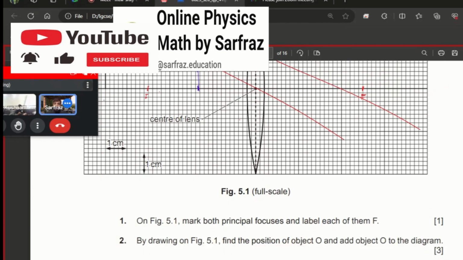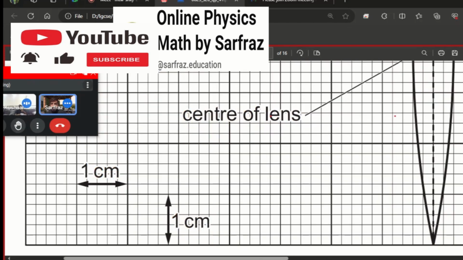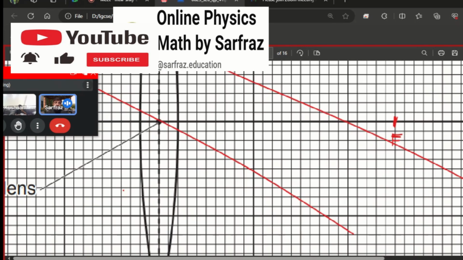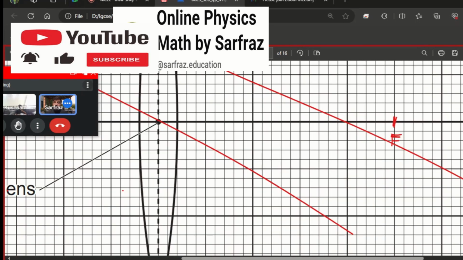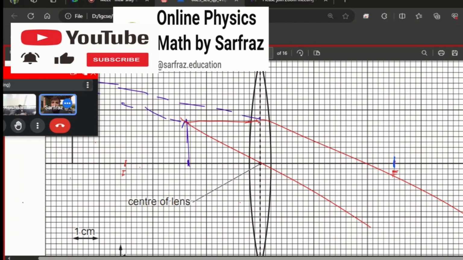Question says that on figure 5.1 mark both principal focuses and label each of them as F. Small 5 boxes show 1 centimeter on horizontal and small 5 boxes on vertical also show 1 centimeter. So focus point is 5 centimeter. So it will appear at this point. Have you got this thing? At this point on the right side and similarly on this point of left side.